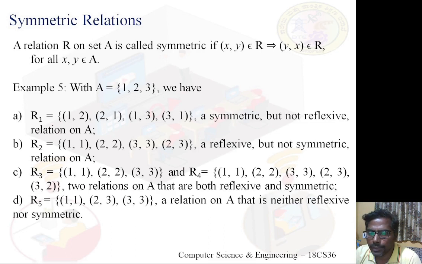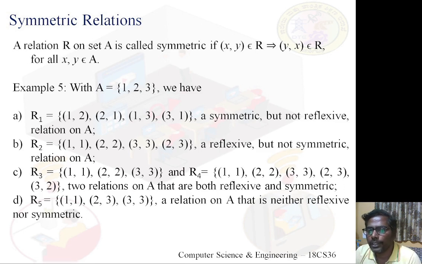Also we are given 5 relations: R1, R2, R3, R4, R5. We need to determine among these 5 relations whether any is reflexive, any is symmetric, any is both reflexive and symmetric, or which are neither.